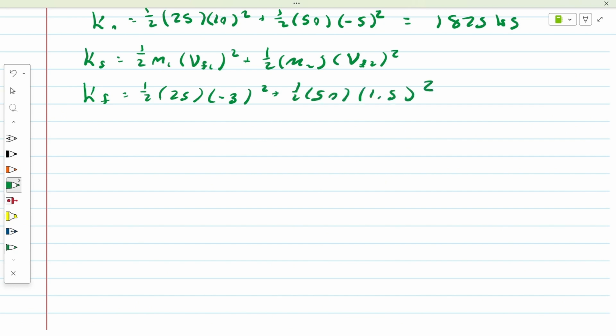That's what we calculated. And we get that this energy is only about 168.8 kilojoules. So this energy, energy initial, does not equal the energy final, because we had 1875 does not equal about 169. So we know that this must be an inelastic collision because the kinetic energy was not conserved.